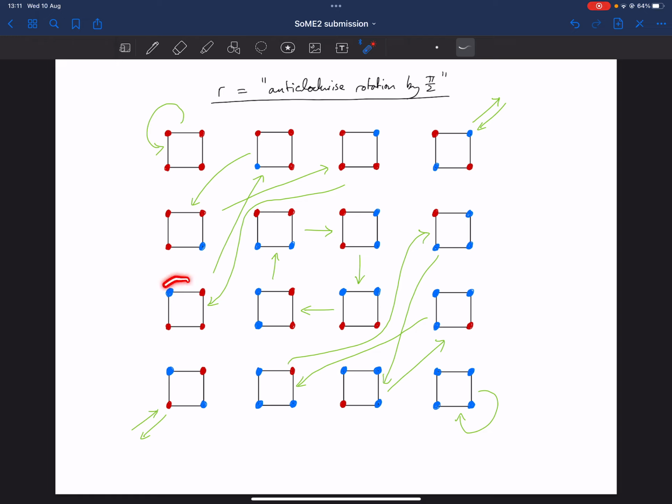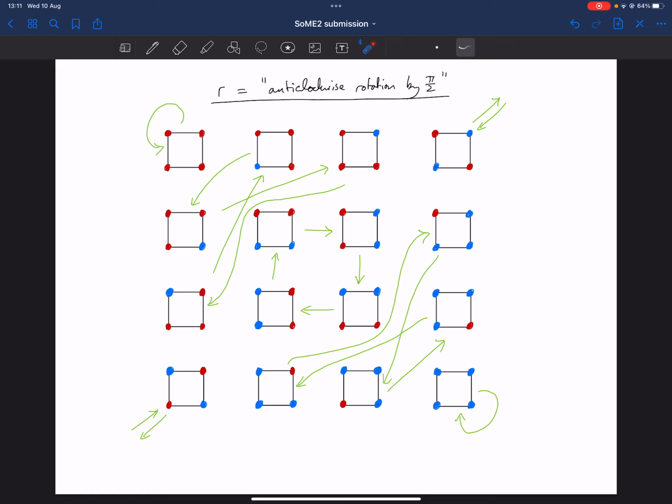But if we look at this square instead, we have the top left corner only coloured blue. If we apply a rotation, that corner is going to map to the bottom left, and we can see that if we follow the arrow, we get to the image of that square.